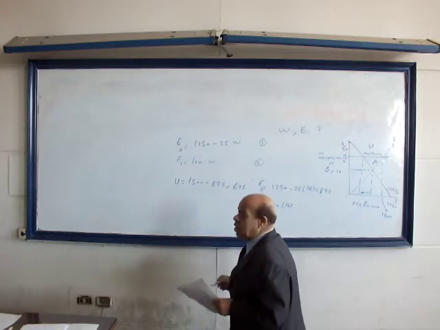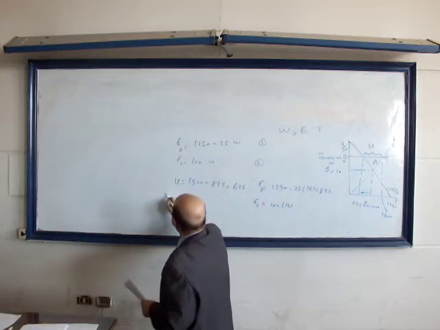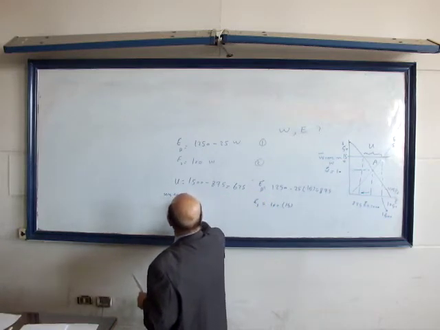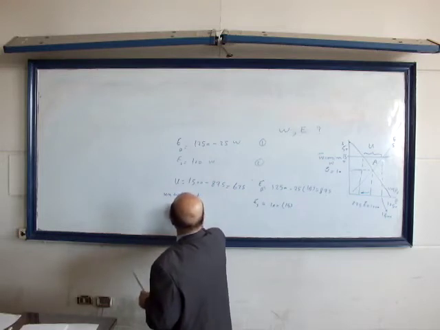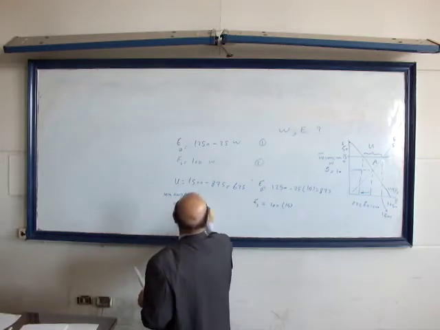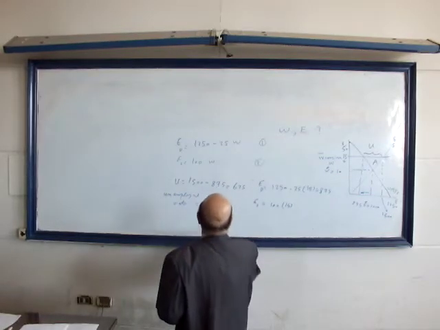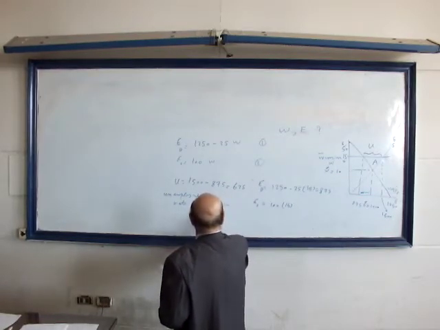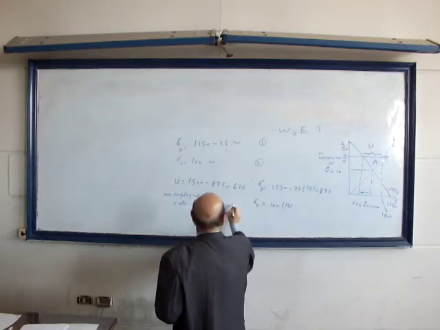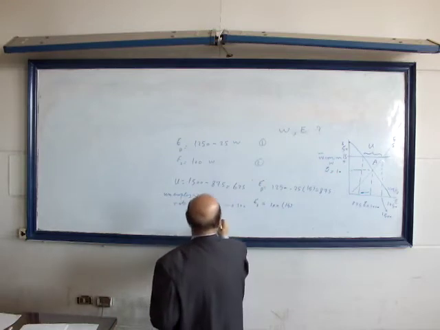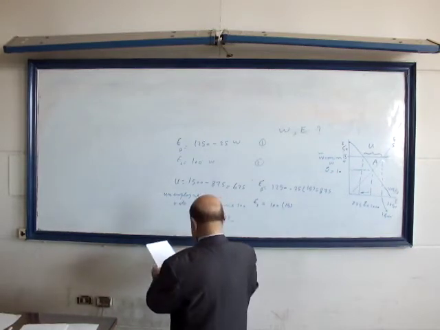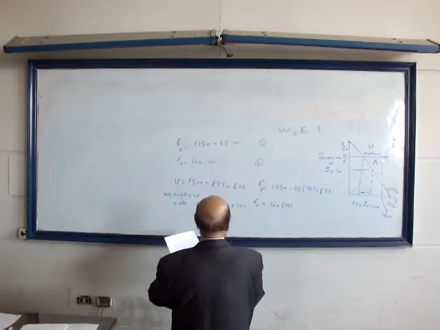If you ask me to calculate the unemployment rate, how do we calculate the unemployment rate? We just divide U by the labor force times 100. Okay, what is U? U is 625. What is the total labor force?